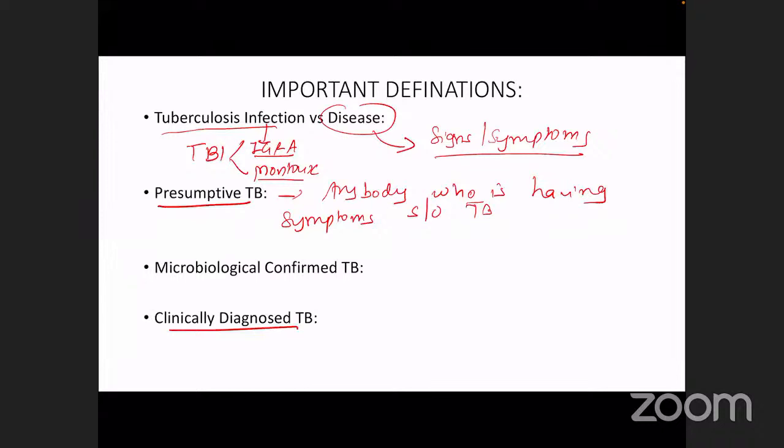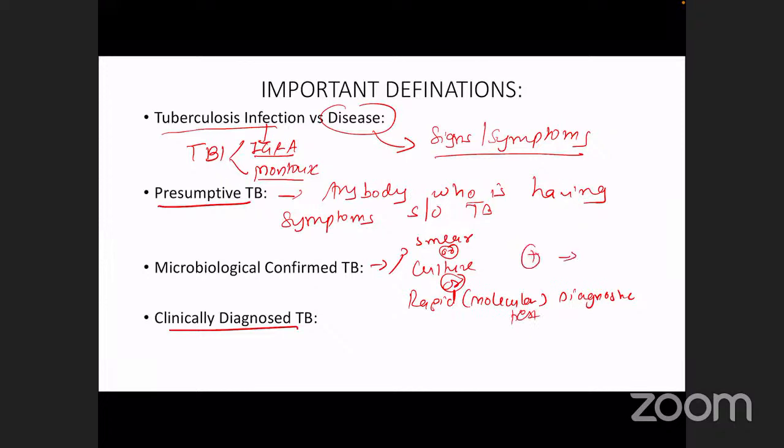Now, obviously if we are suspecting a patient to have tuberculosis, we will be doing investigations. If in the investigation the patient turns out to be positive by smear or culture or rapid diagnostic, I would say per se molecular test, then we call it microbiologically confirmed TB.